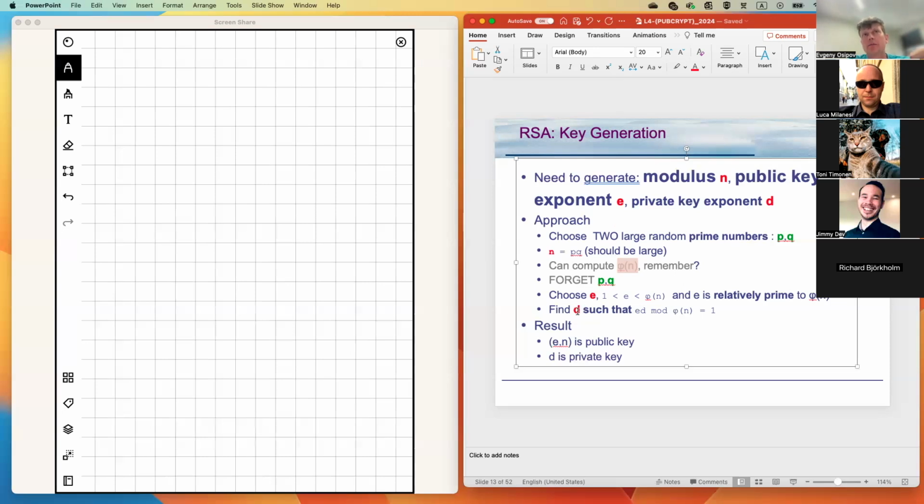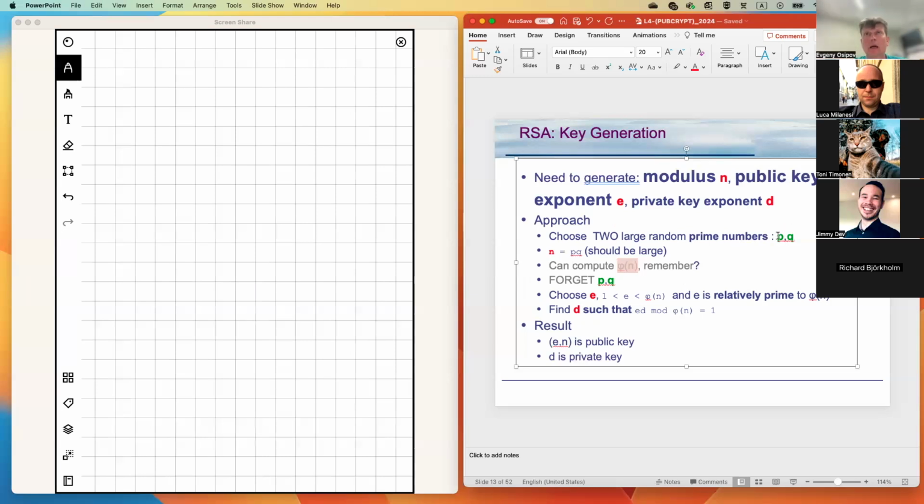And why is it impossible? Well, because of a simple thing. So for generating e and d, you need to know this value. And to compute this value, you need to know p and q. And these numbers, this number and p and q, you never reveal to the outside.